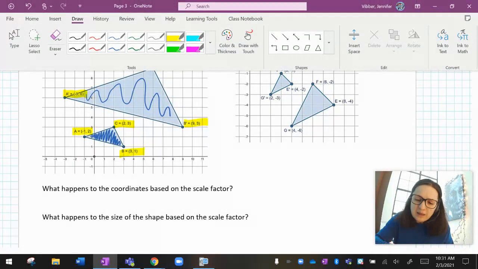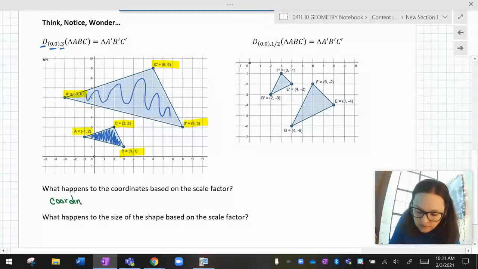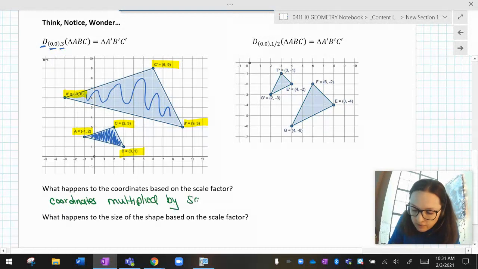Well, if I dilated that by 3, a 3 became a 9, and a 1 became a 3. That's right. Hopefully you're thinking it. What happens to the coordinates based on the scale factor? The coordinates are multiplied by the scale factor.